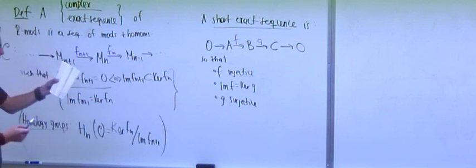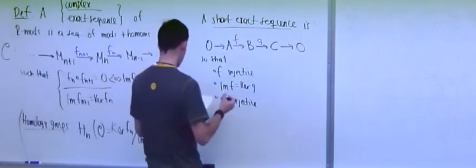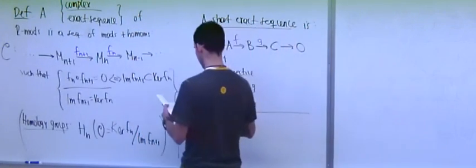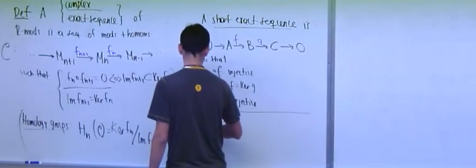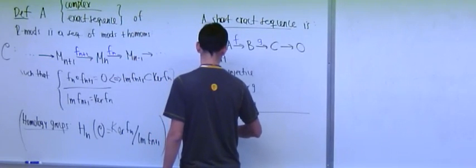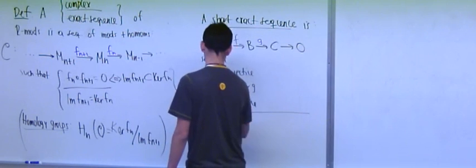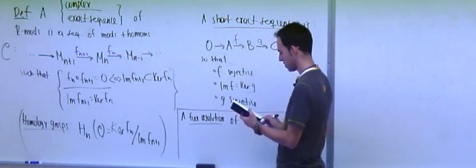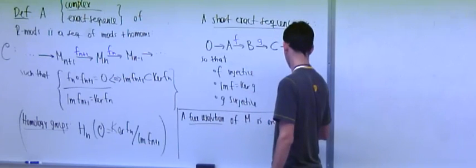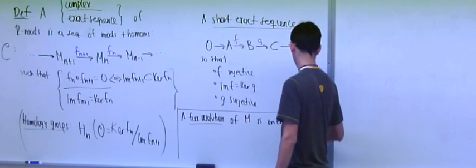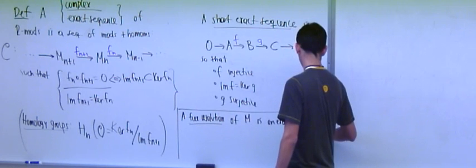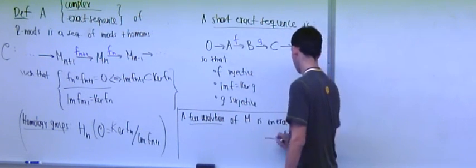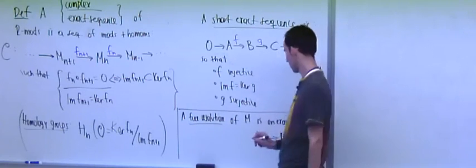So that's this, and then my main definition is that a free resolution of M is an exact sequence that ends at M and such that everything else in the sequence is free modules. Okay?